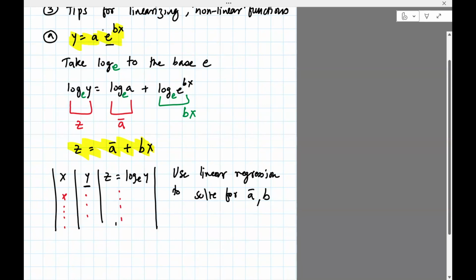But when you get a bar, you're not interested in a bar, you're interested in a. So you can see that a bar is log e a, right? Which means that a is exponential of a bar.